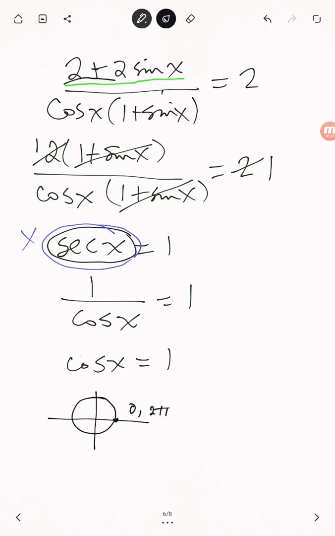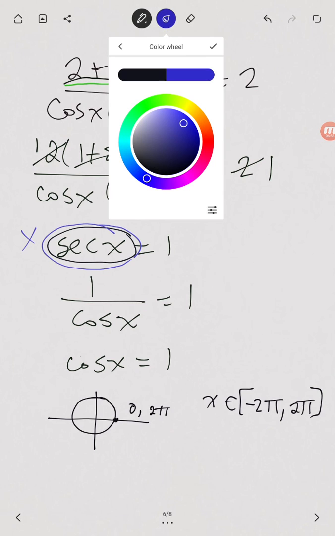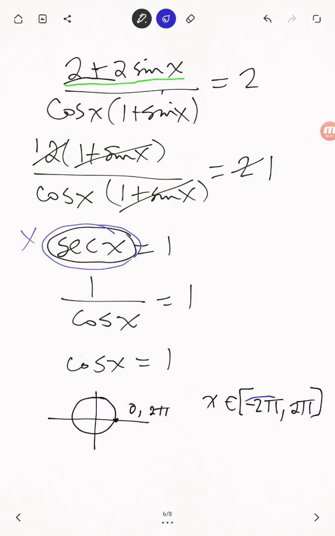And just as a reminder, our domain that we're working with here, our interval, is negative 2 pi to 2 pi. So is there another angle in that domain for which the cosine of that angle is also 1? Yes, it would be negative 2 pi. So that's also an answer.